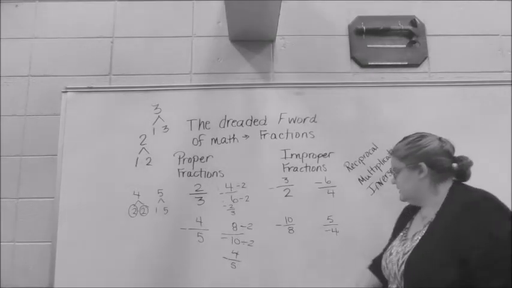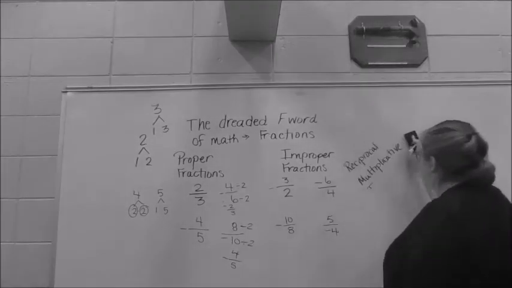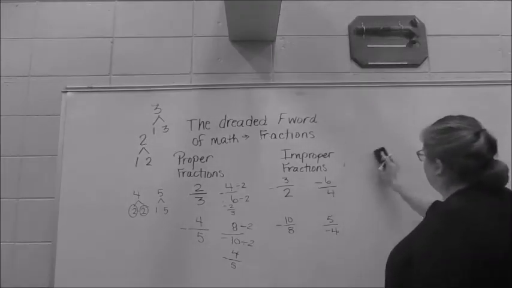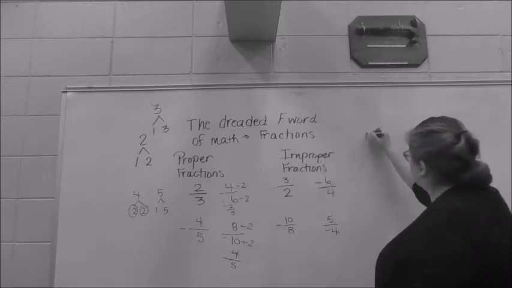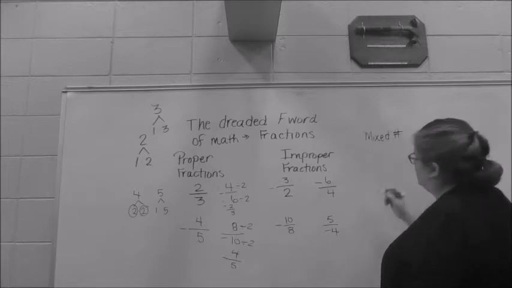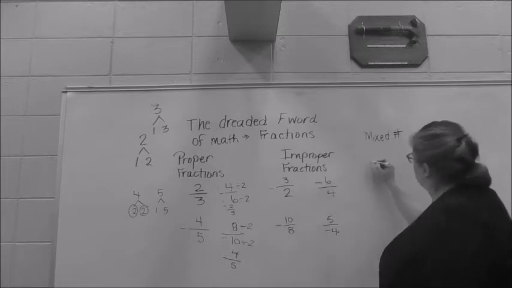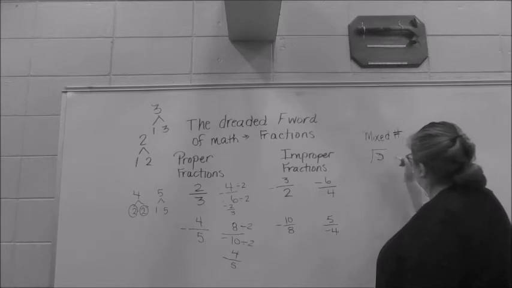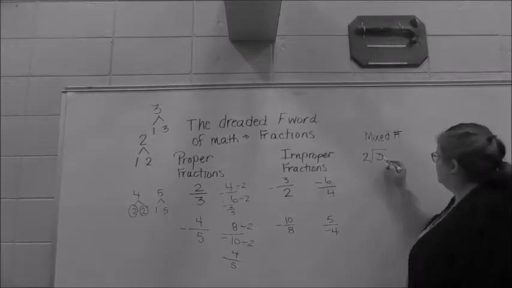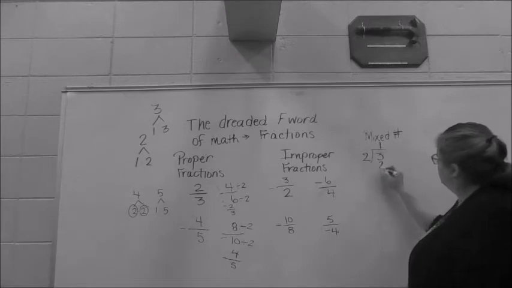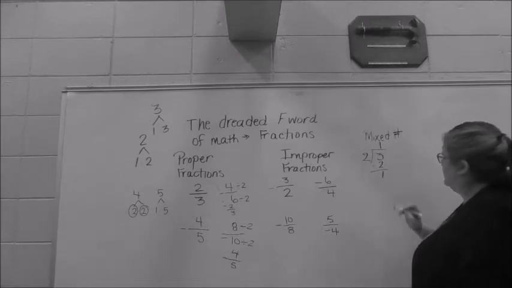So I'm going to erase these big words that I put over here and just remind you guys of how to change it from an improper fraction to a mixed number. So what I'm going to do is I'm going to do the numerator divided by the denominator. 2 goes into 3 once, and then I'm going to subtract and get 1.